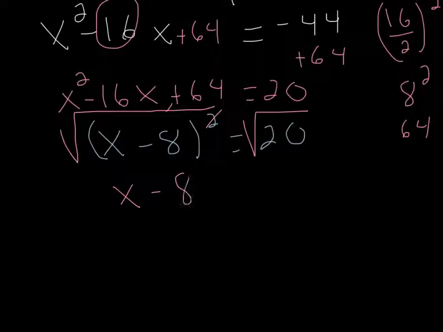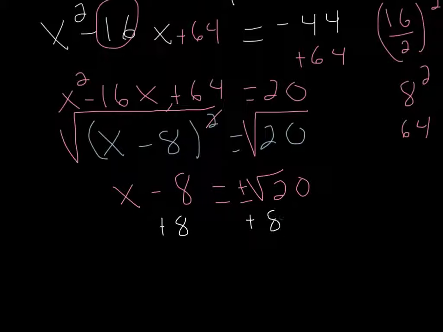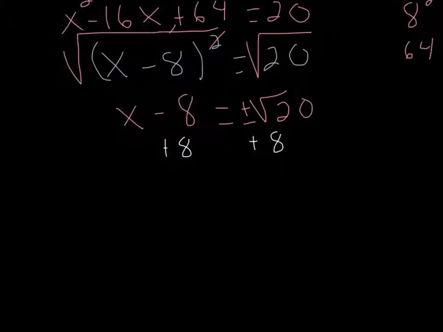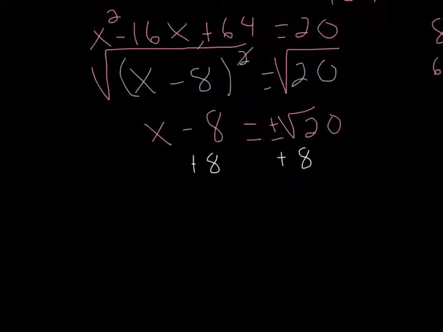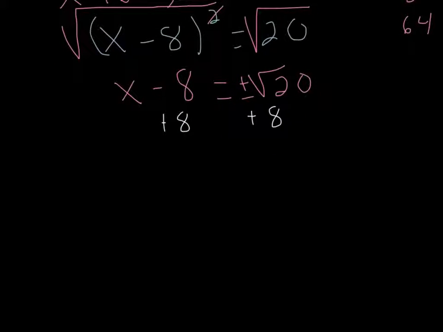So x minus 8 equals plus or minus the square root of 20. We want to get the x by itself, so add 8 to both sides. And that gives you x equals 8 plus or minus the square root of 20.